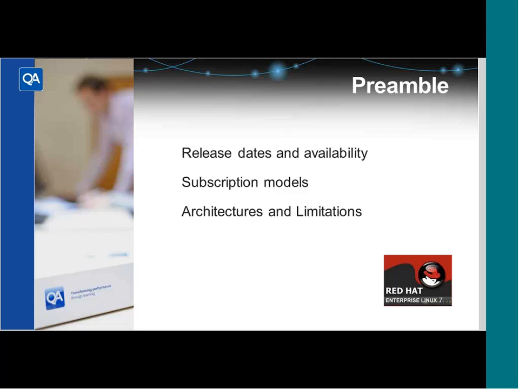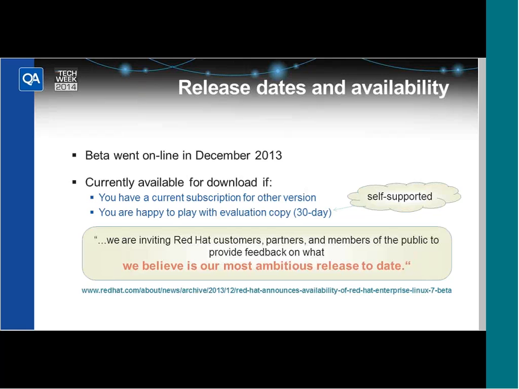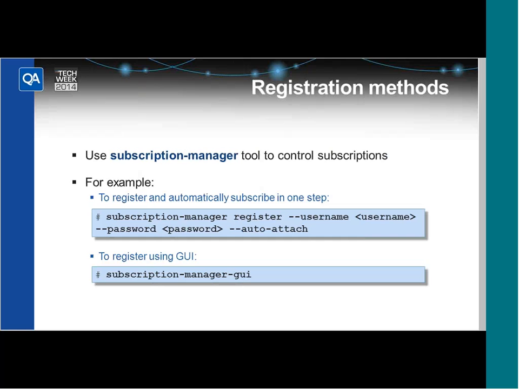Just be aware that there is that new model. There is a command line tool for managing your subscriptions, and again, I've played with it. You don't need a GUI, in other words, or you can start the GUI if you want to. I'm not going to dwell too much on that.